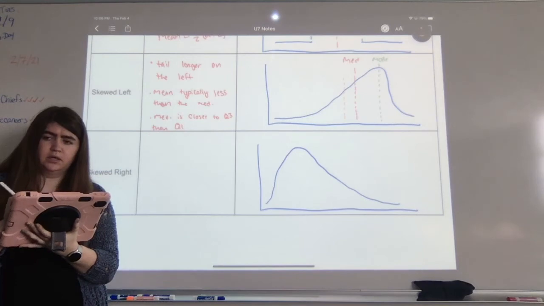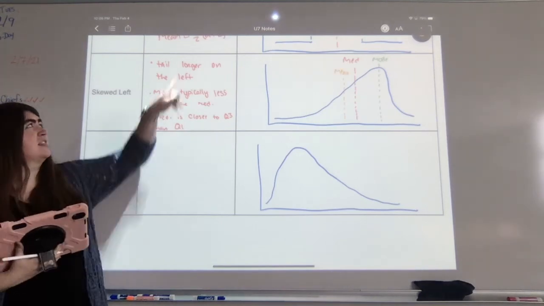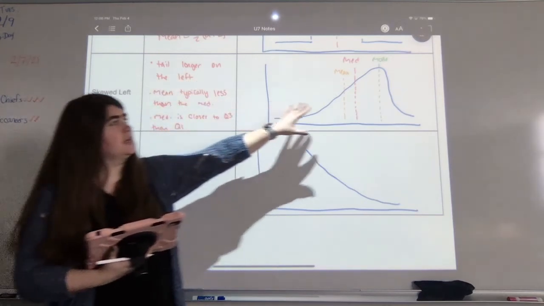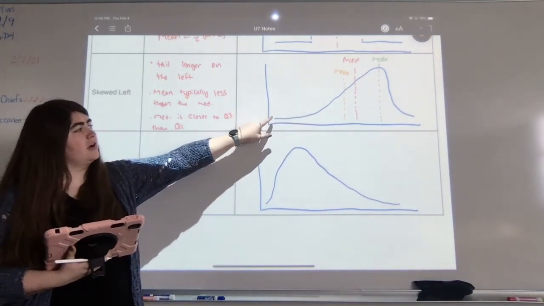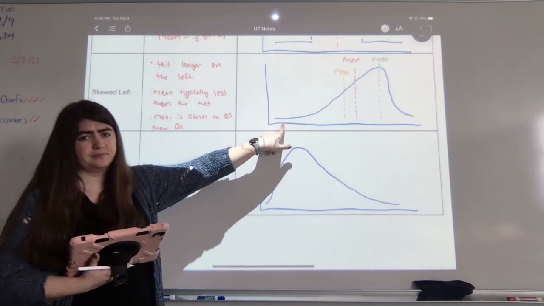Like this might be your mean. And the reason why that happens is because this tail that's longer on the left is saying, yeah, most of your data is over there, but we're going to pull it this way because some of our data points over here are really strong and quite a bit lower.